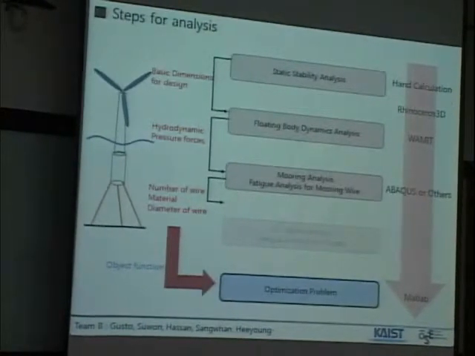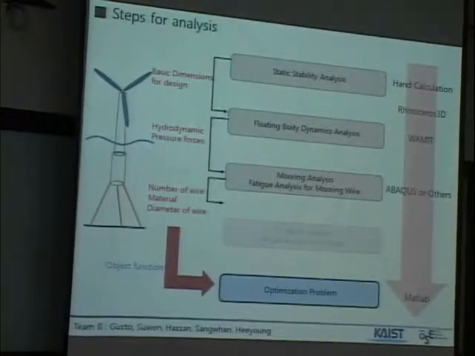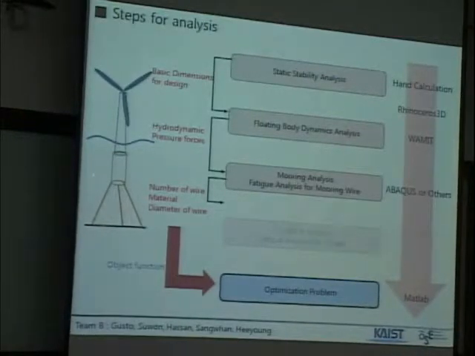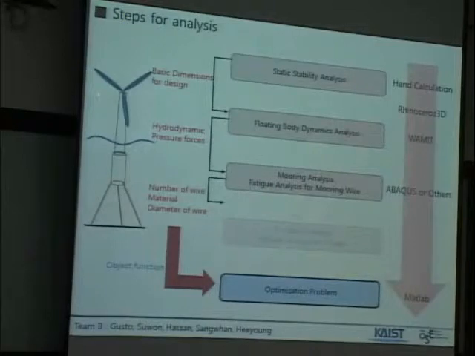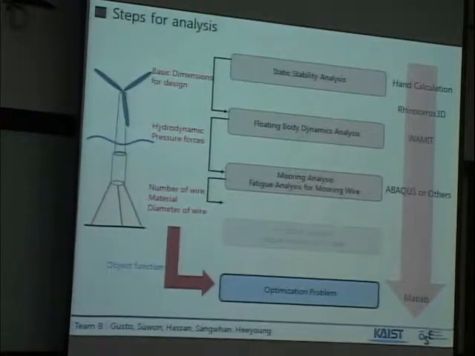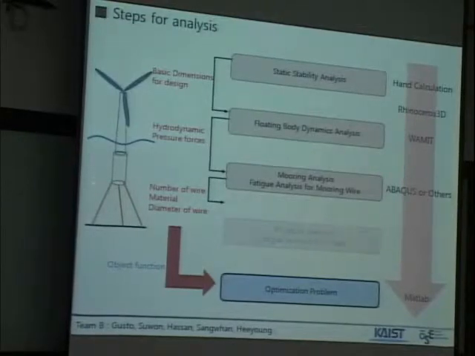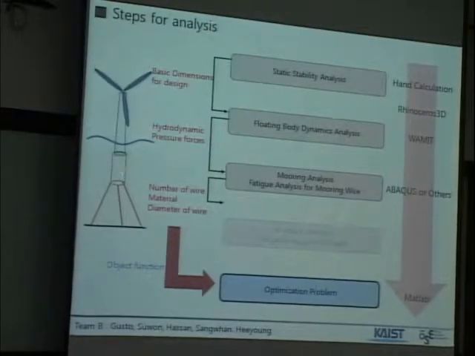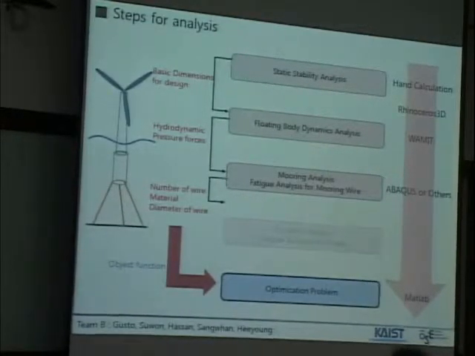Let me say the steps for analysis. The first one: there are many kinds of vital dimensions to define this wind turbine system, for example, the height of the tower, the height of the floater, the diameters and also the draft.